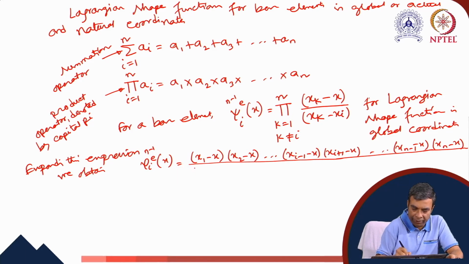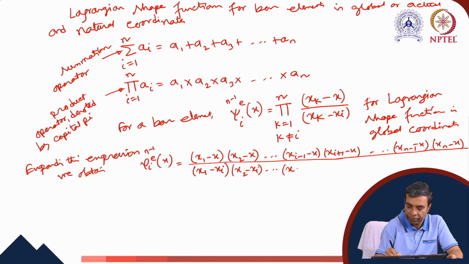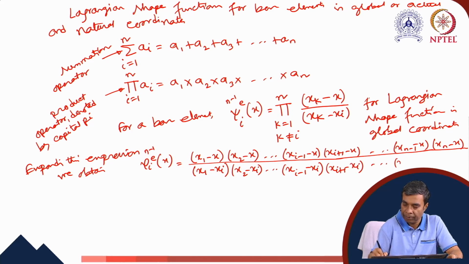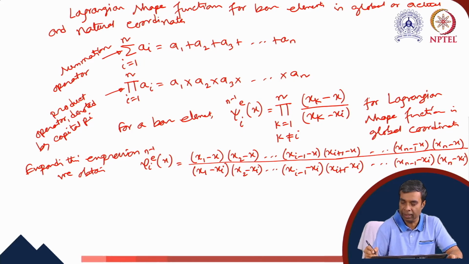So we just present it as x1 minus xi, x2 minus xi, xi minus 1 minus xi, xi plus 1 minus xi, xn minus 1 minus xi, and finally xn minus xi.